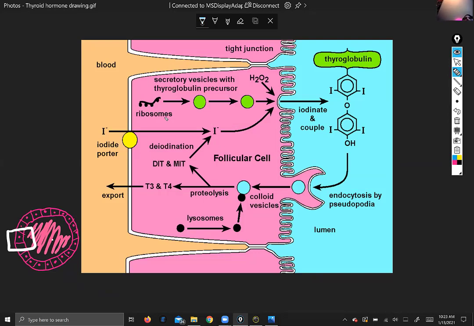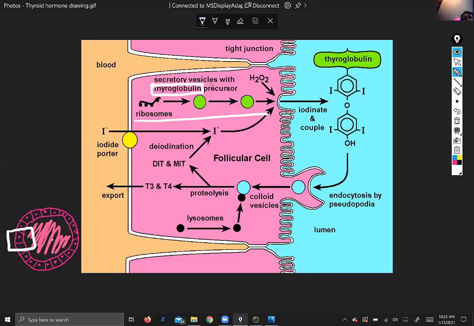Let's do a tiny bit of cell bio review. A vesicle is just a small bubble of membrane, and it has stuff inside of it, and the bubble is used to transport or excrete whatever's inside of it. In this case, this step here is making thyroglobulin.